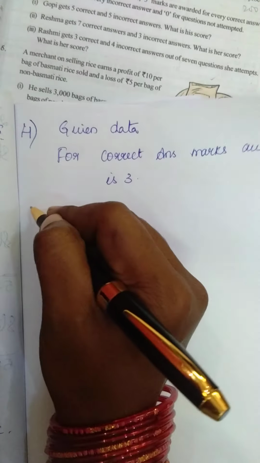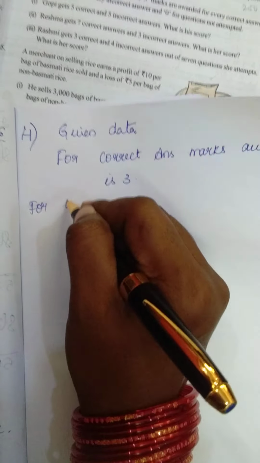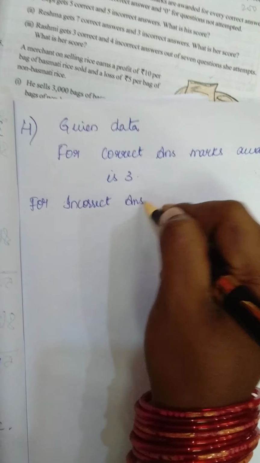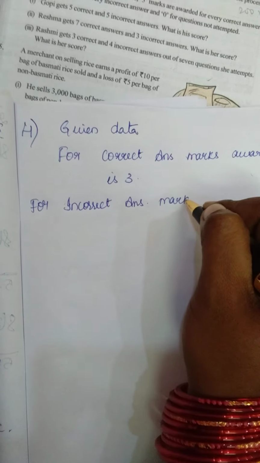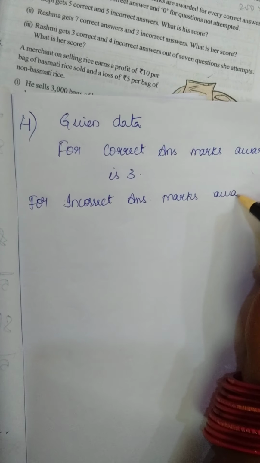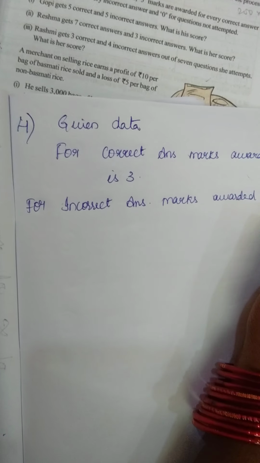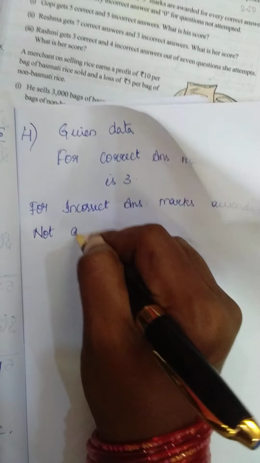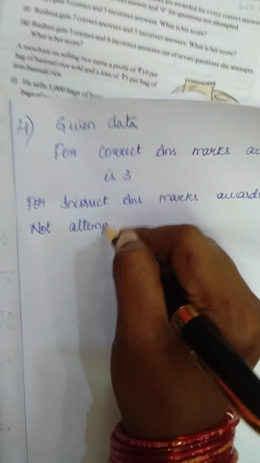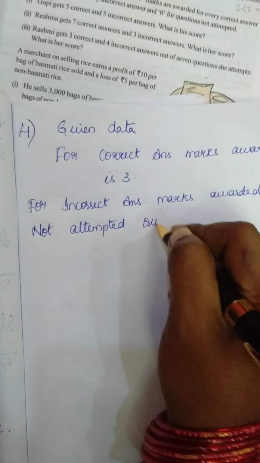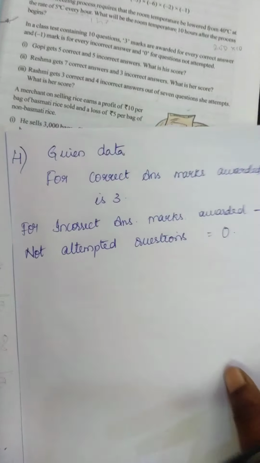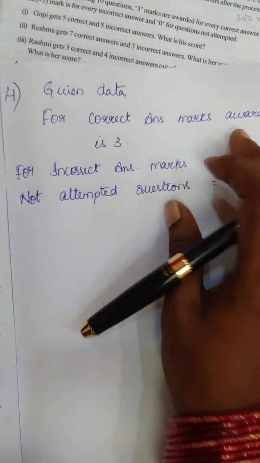Next, for incorrect answer, marks awarded is minus 1, and not attempted questions is equal to 0. Clear? This is your data according to your statement question.